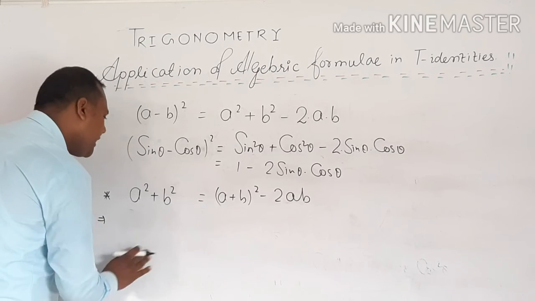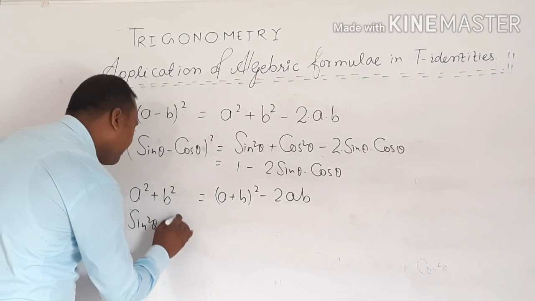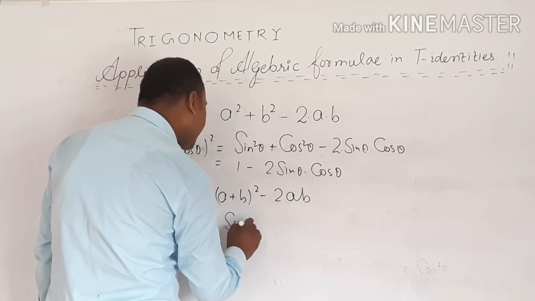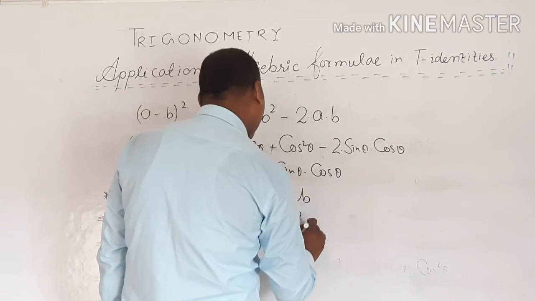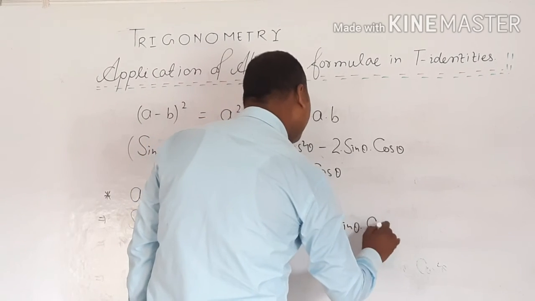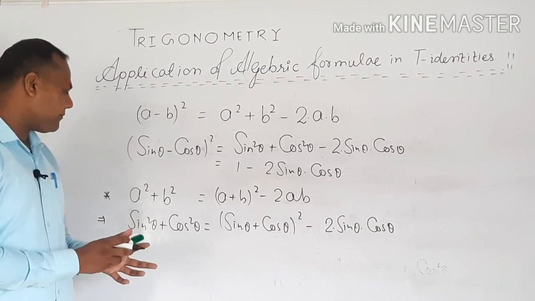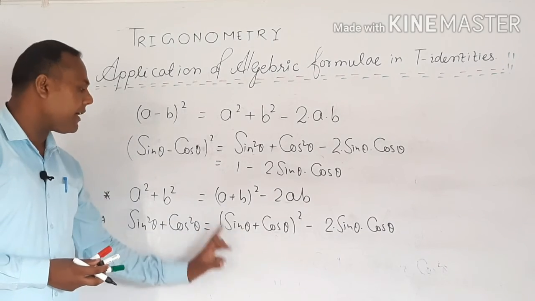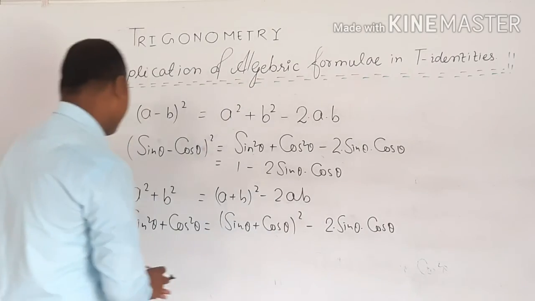So we can also show that sine square of theta plus cos square of theta will be equal to sine of theta plus cos of theta the whole square minus 2 sine of theta into cos of theta, because a is sin theta and b is cos theta.